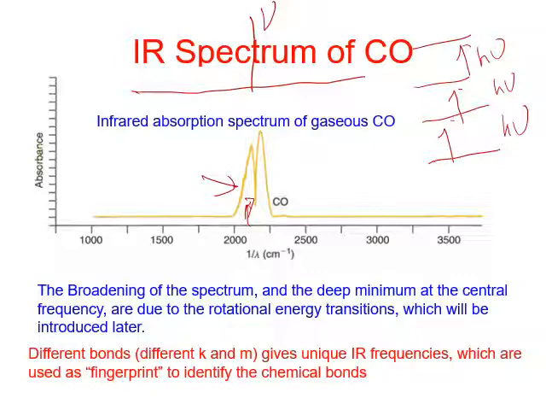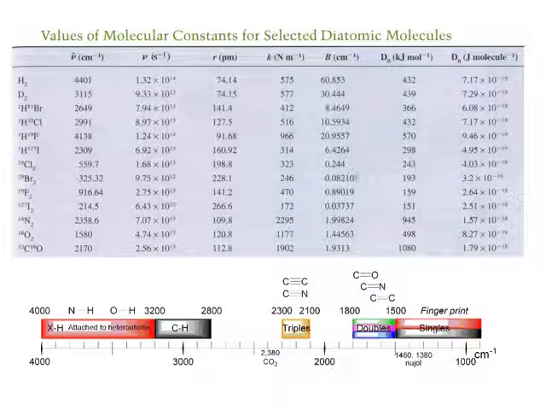Infrared is a very useful tool for chemists to identify chemical bonds. This table shows some diatomic molecules, their vibrational frequency, and the K constant.